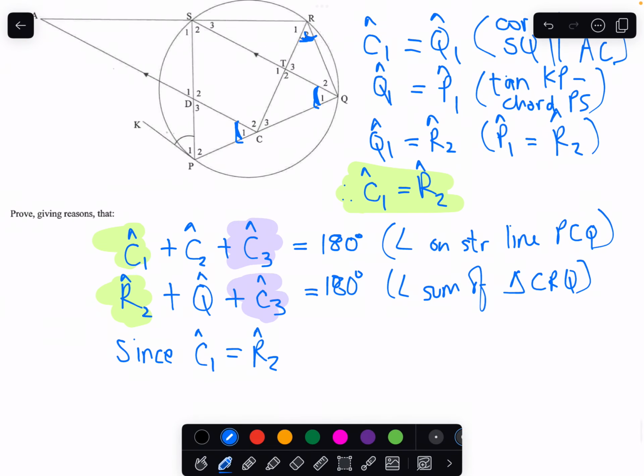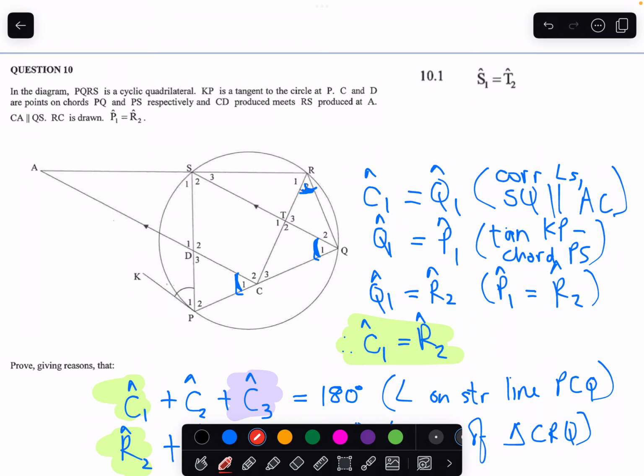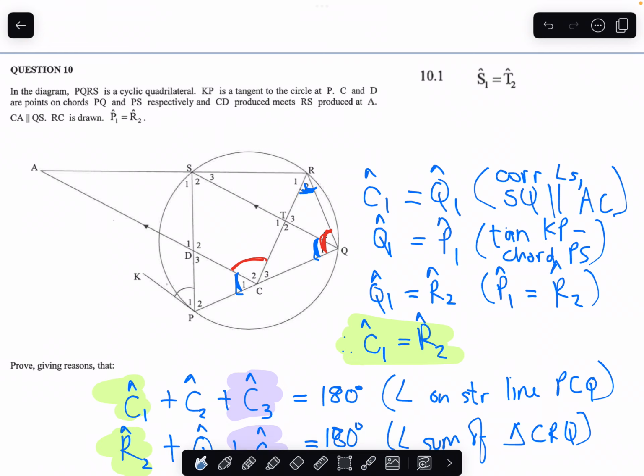Okay, that means that C2 must be equal to Q. Right, so we have shown that C2 is equal to Q, but Q is also equal to this guy because of this cyclic quad, and that exterior angle is equal to the opposite interior one.